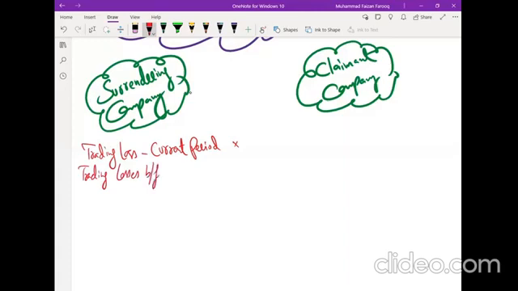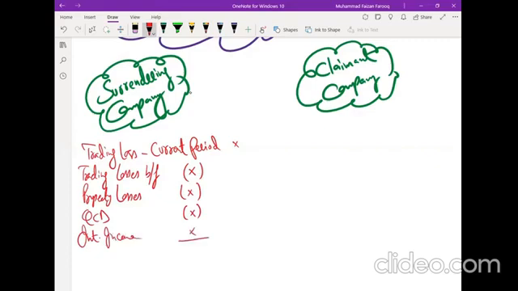Brought forward losses, property losses, QCD, and interest income. Interest income is added in this, and after we solve, we will have an answer.